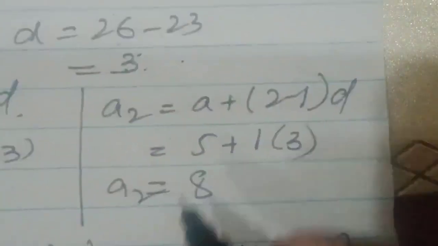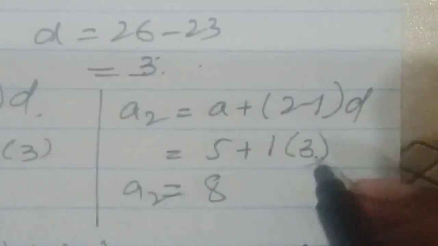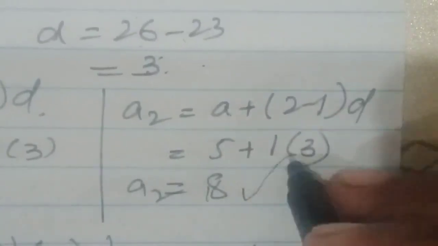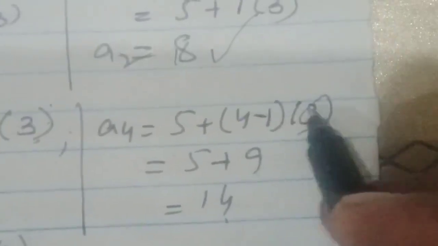Now you want the second term a2: 5 plus (2 minus 1) multiplied by 3, you will get 8. Now you have to find the third term: 5 plus (3 minus 1) times 3, 2 times 3 is 6, and this will give you 11. Similarly the fourth term: 5 plus (4 minus 1) multiplied by 3, 3 times 3 is 9, so that will be 14.